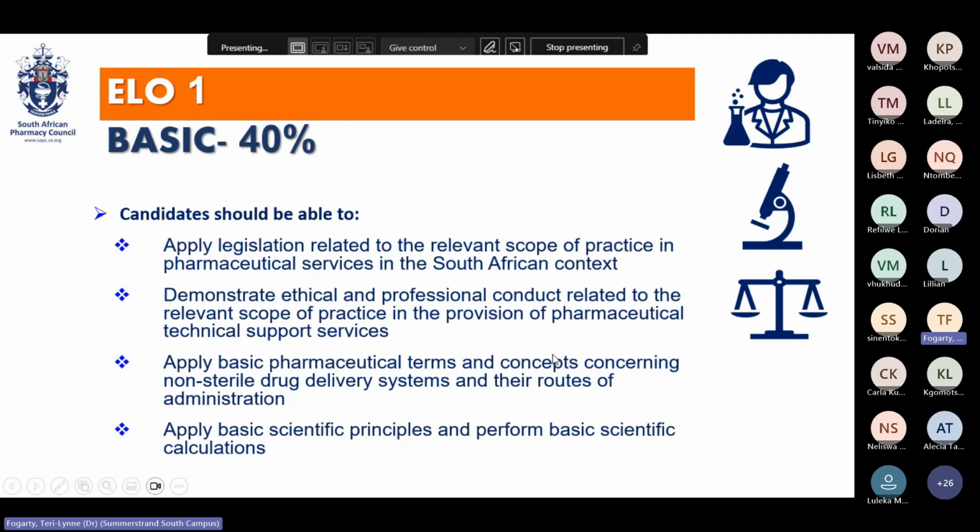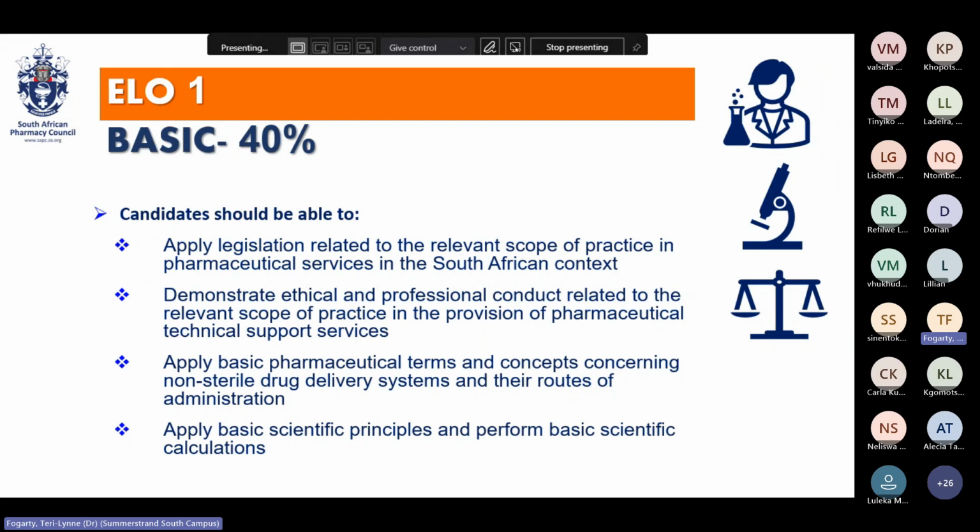So looking at ELO 1 in more detail, what is an assistant, a basic assistant, expected to be able to do to meet the requirements of exit level outcome 1? Well, we expect that you're able to apply legislation related to the relevant scope of practice in pharmaceutical services in the South African context.